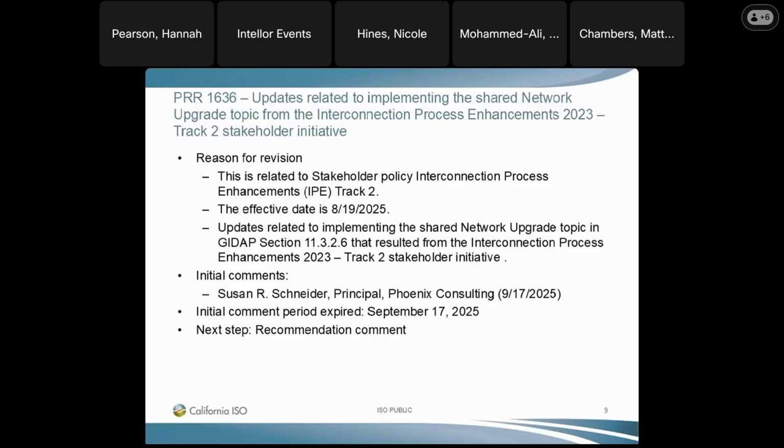But for this particular PRR 1636, I think it is a related but secondary issue that the CAISO can commit to continuing to run to ground with PTOs, and we may not need a PRR if we feel the language in the tariff compels us to act in a certain way as we investigate with PTOs. It's still on the pending list of nailing down the treatment, but I don't think it would be appropriate in this PRR.